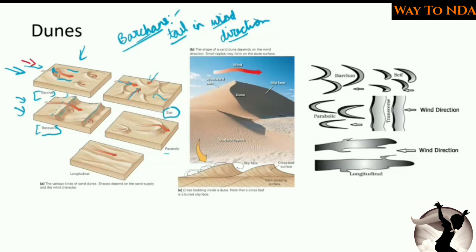Again, the parabolic dunes. In parabolic dunes, you should remember they are something like barkhans only, but the tail will be in the opposite direction of the wind.